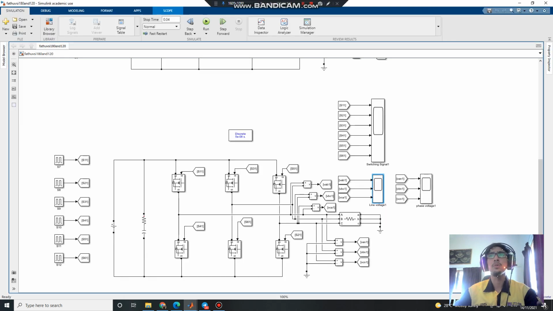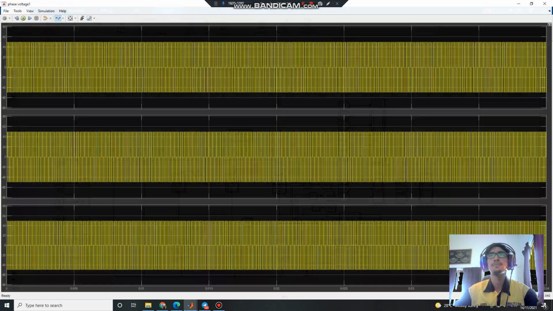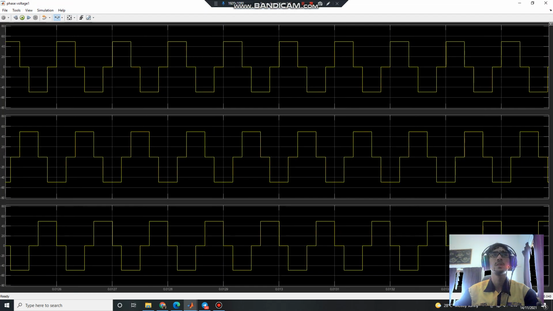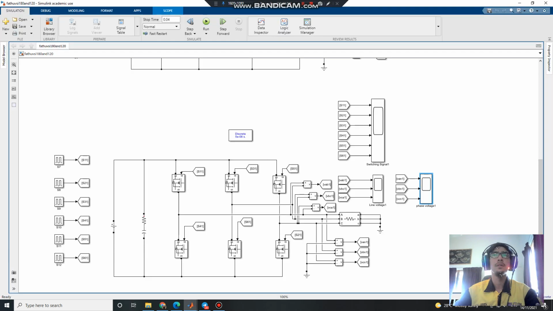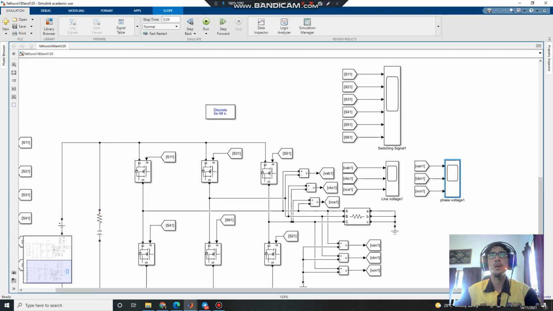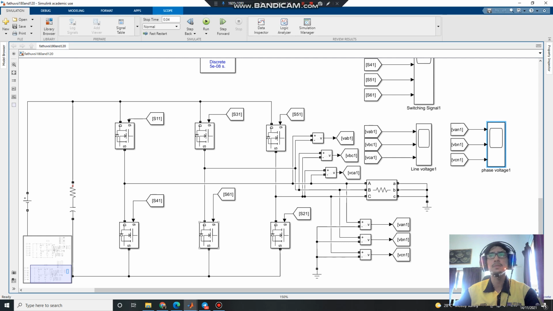Next I will show the phase voltage, starting from VAN, VBN, and VCN, which connect to neutral. This is the connection of the circuit.